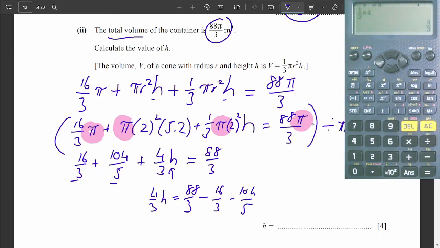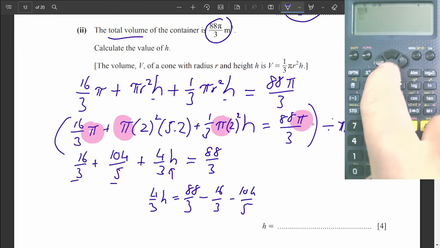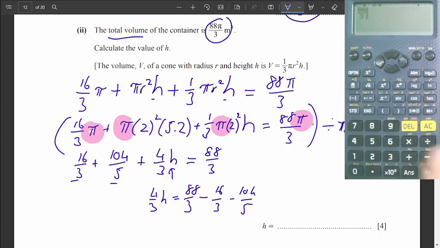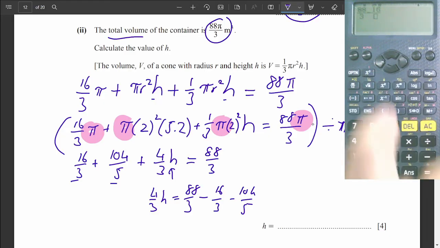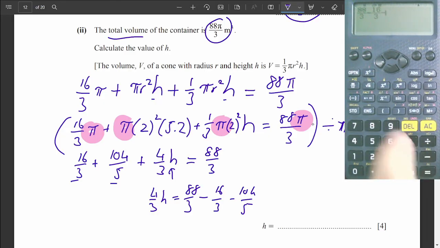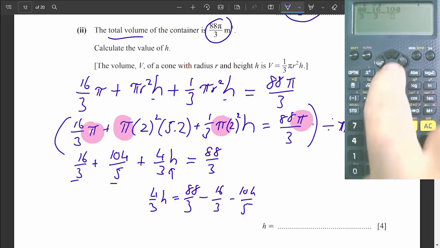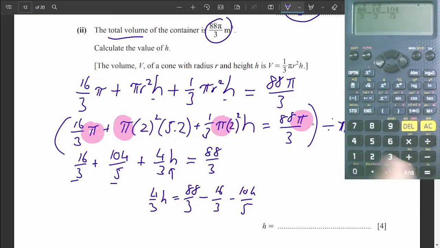So don't fluff around with this. Just hammer it into your calculator. Save time. And we got an answer. So where are we at now? With 4 over 3 h equals 16 over 5.